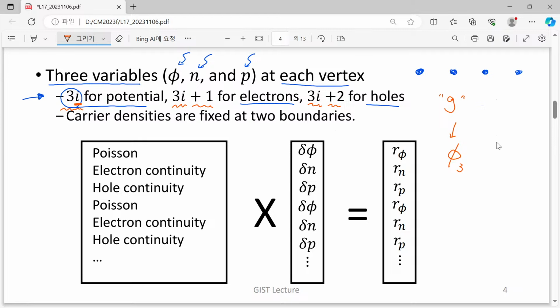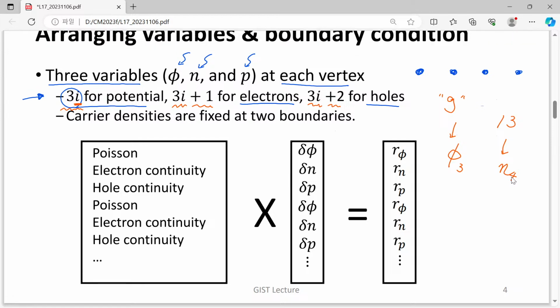How about 13? In this case, that corresponds to the electron density defined on your fourth vertex node. Okay, now everybody can understand this kind of operation quite easily.